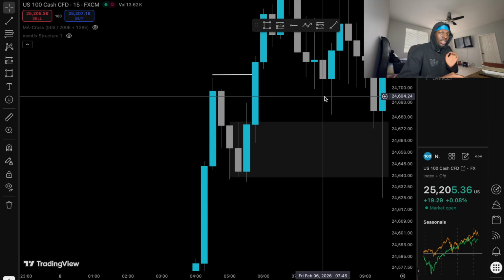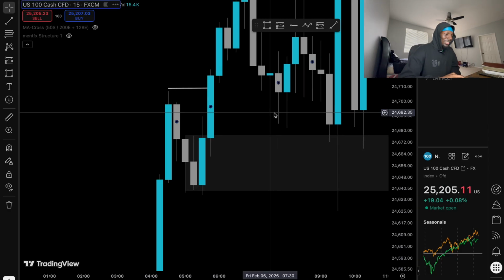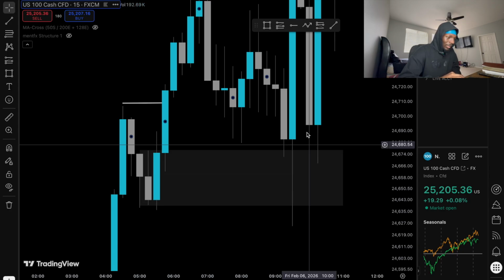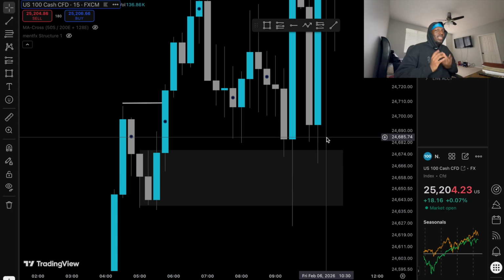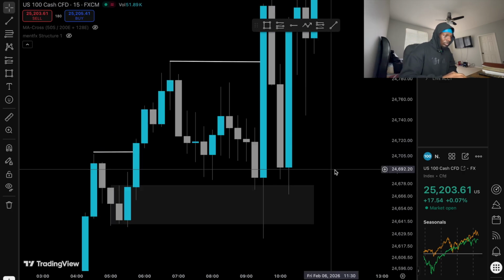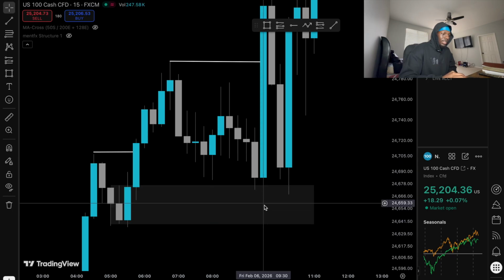Okay, and what did price do when it tapped the zone? Boom, boom, boom. It's wicking the zone. That is a great indicator that price wants to go up. Reason being is because that means the banks came back to this level to test, are the buyers really present here?